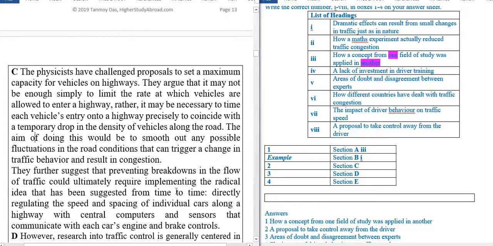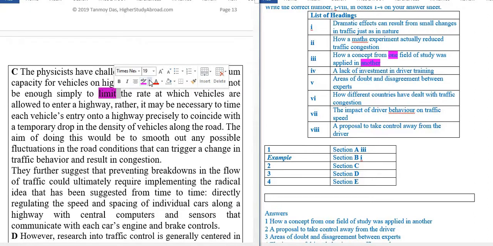For paragraph C, we can see the physicist challenged proposal of maximizing something. Which vehicle are entering, smooth out any, preventing breakdown in the flow.